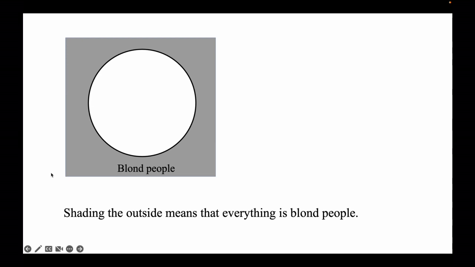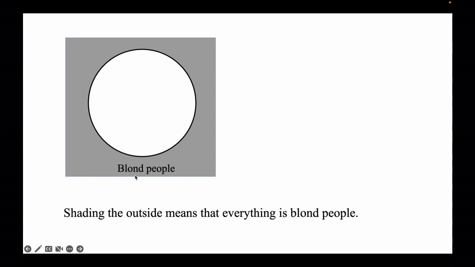Well, what if I shade the outside area? In that case, remember that outside the category of blonde people is supposed to exist everything, every other object, every other person, everything else that is not a blonde person.